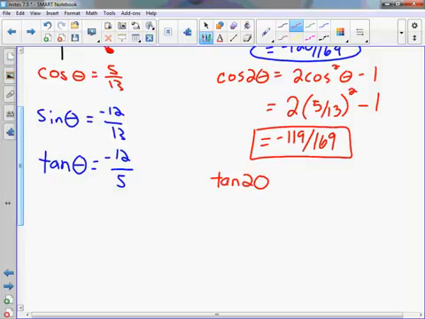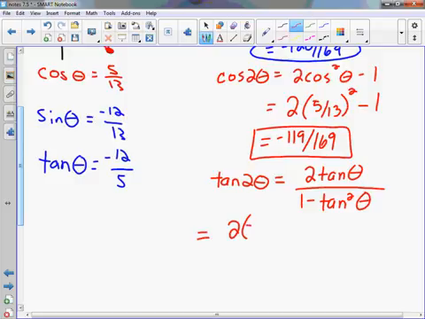We don't have a choice. We only have one option, which is what? Right. So what does it say though? There you go. In this case, we'd have 2 times negative 12 over 5 over 1 minus negative 12 over 5 squared.